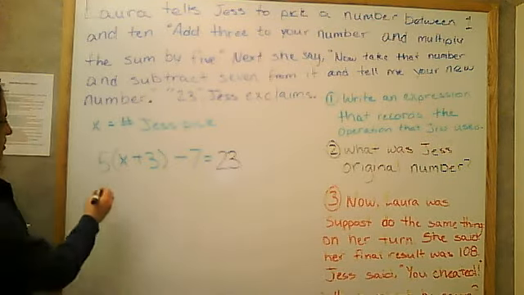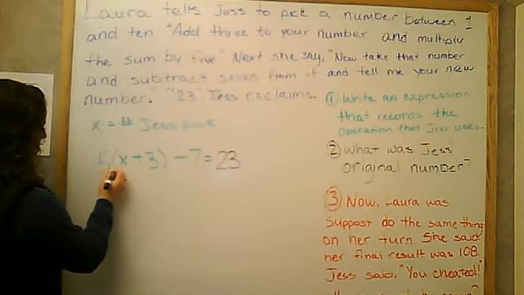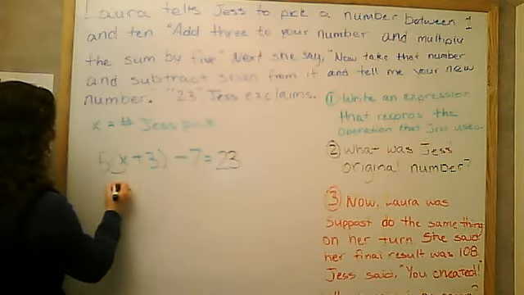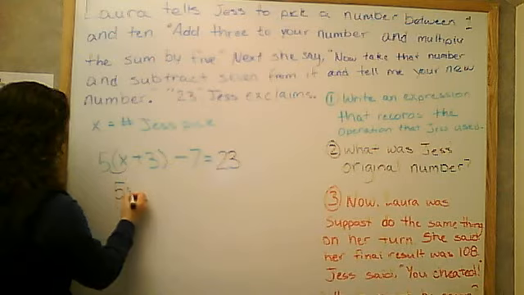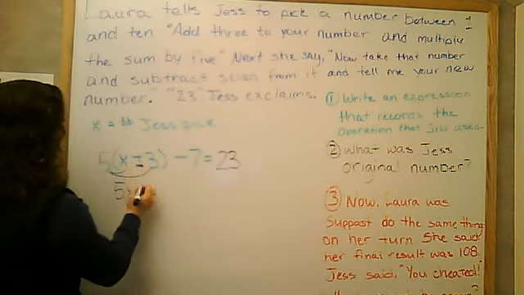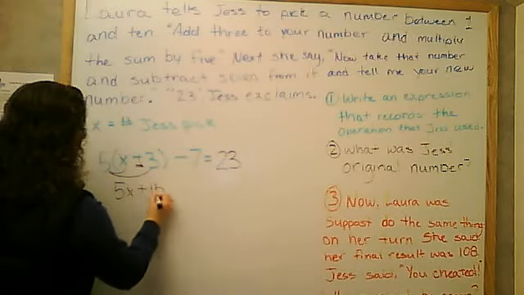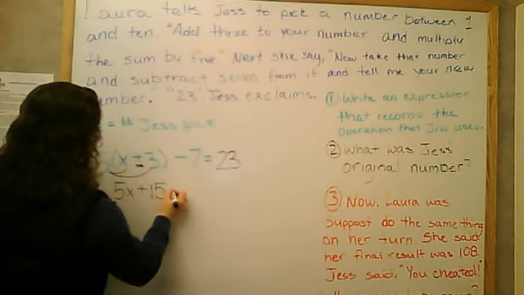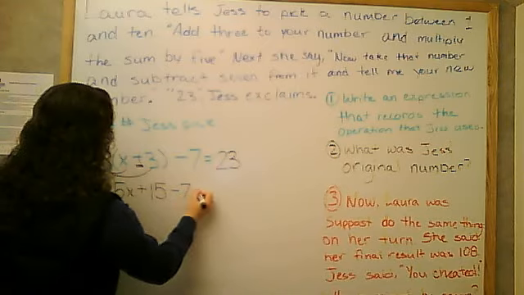So we're just going to do simple distribution here. 5 times x is 5x. 5 times 3 is plus 15. Minus 7 equals 23.